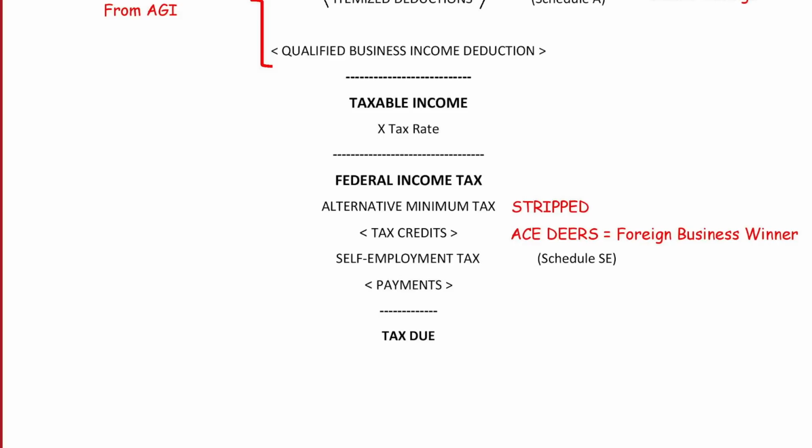Next, we add other taxes like the self-employment tax for self-employed individuals. Subtract any payments made to get to taxes due at the end of the year. So guys, this is an overview of Form 1040 which individuals need to file with the IRS.